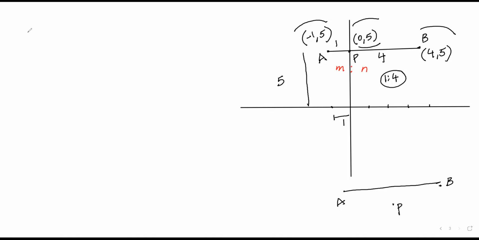So according to section formula, this is x, the abscissa of point P, and this is y, the ordinate of point P. So according to section formula, x is equal to m x2. What is x2, students? m into 4 plus n x1. n into what is x1? Minus 1, divided by m plus n. This is x.